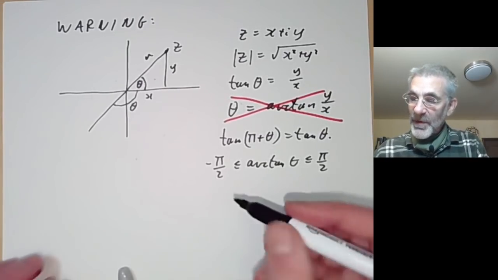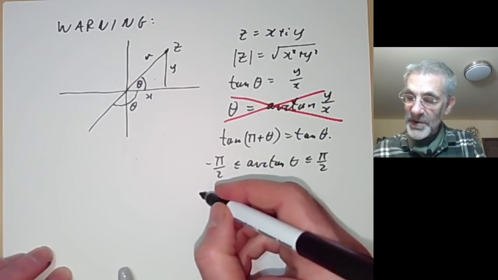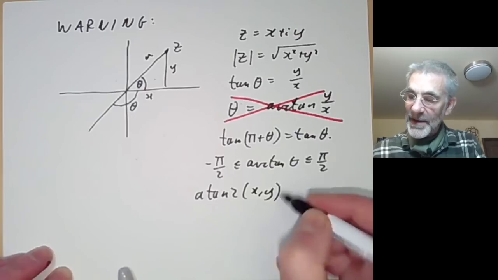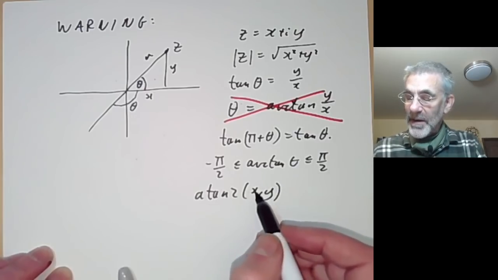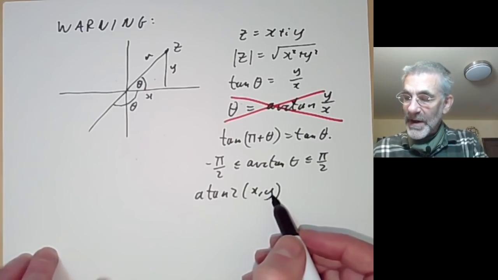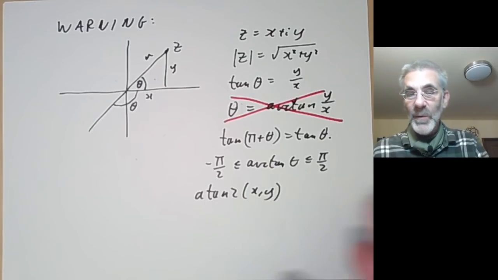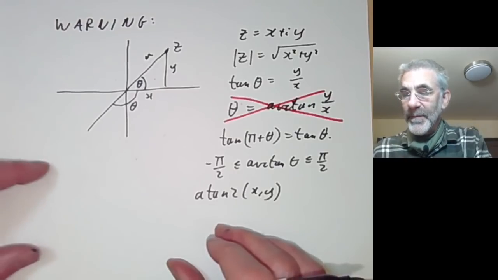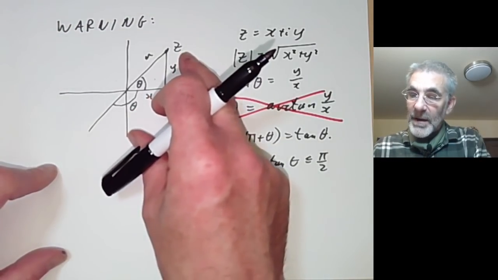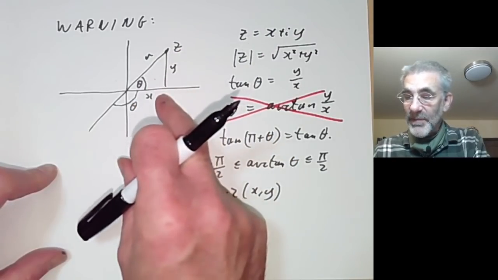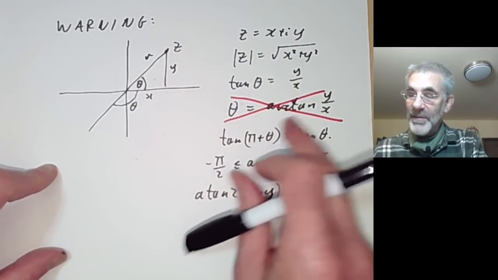In fact, a fair number of computer languages have a function called something like atan2 of x and y, which will actually correctly calculate the angle you need for this thing to be in polar coordinates. So that's just a warning. When you're converting complex numbers in rectangular coordinates to polar coordinates, you can't just go around mindlessly using the arctangent function.